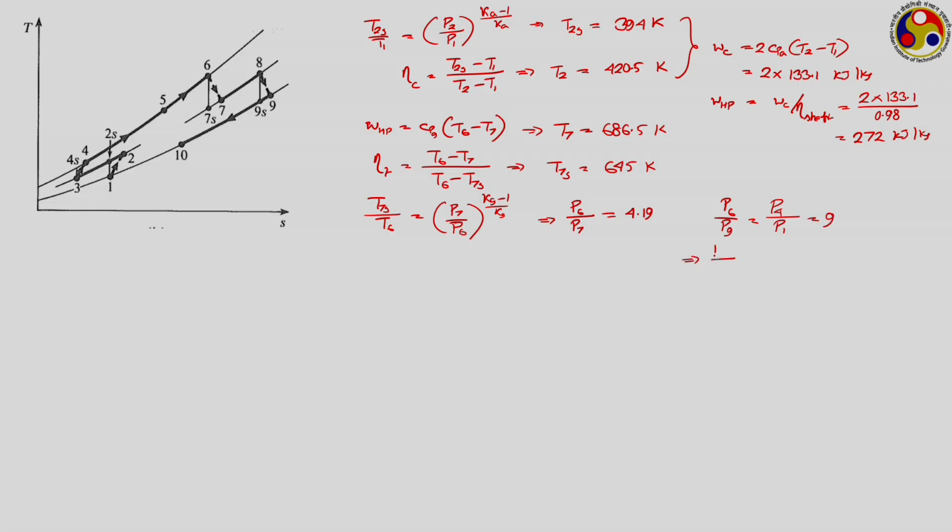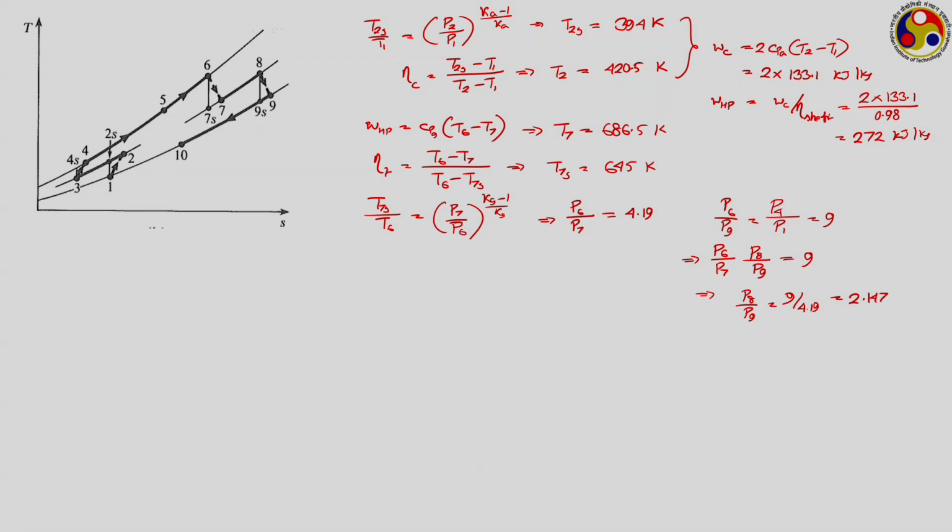So, we can write this to be equal to P6 upon P7 into P7 upon P9, equal to 9, and as there are no pressure losses, P7 and P8 should be equal. So, dropping this, we have P8 upon P9 to be equal to 9 by 4.19, which is 2.147.